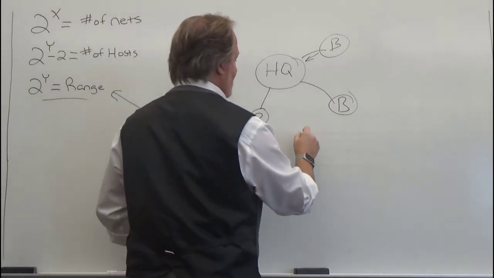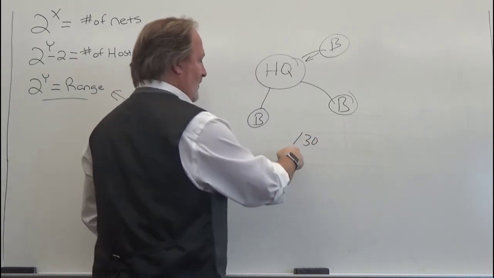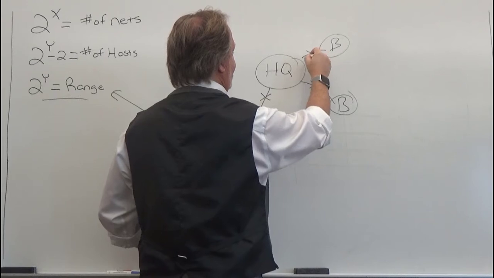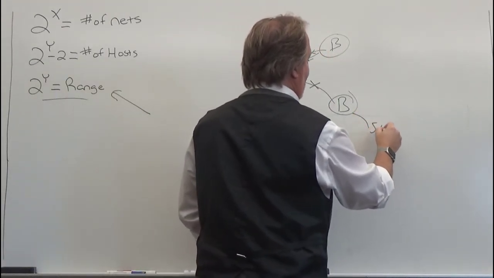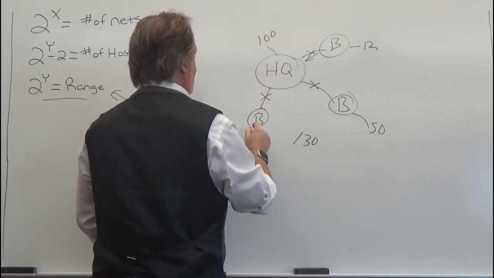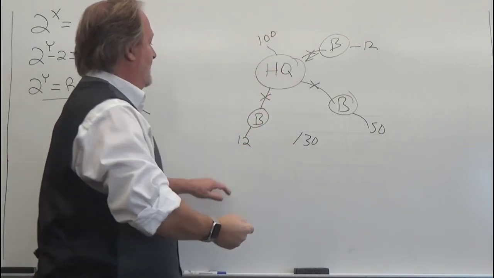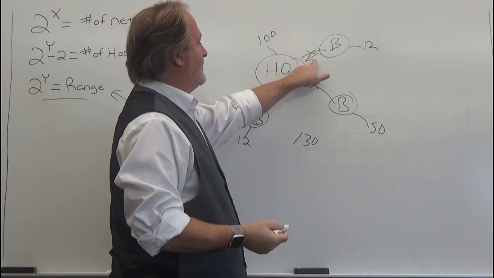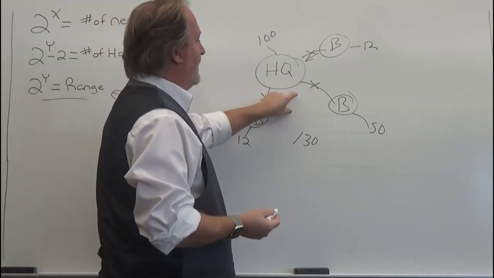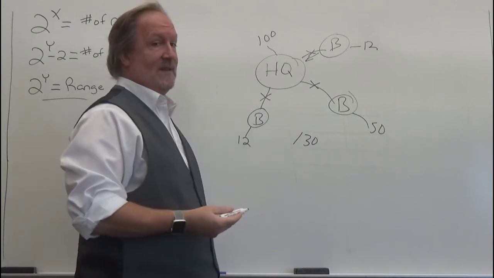So they need a bunch of /30 networks with only two usable IP addresses for these networks. You know, down here they might have 50, this might be the 12, and the headquarters was 100, and this was the other one that had 12 networks. So then you have to subnet, but you also need some /30s for these connections between routers. Does that make sense? Good.